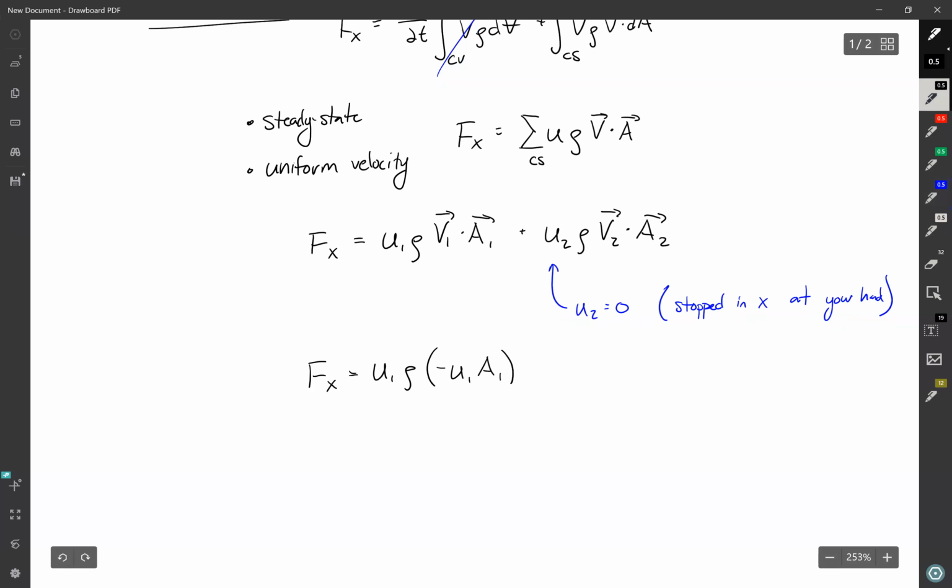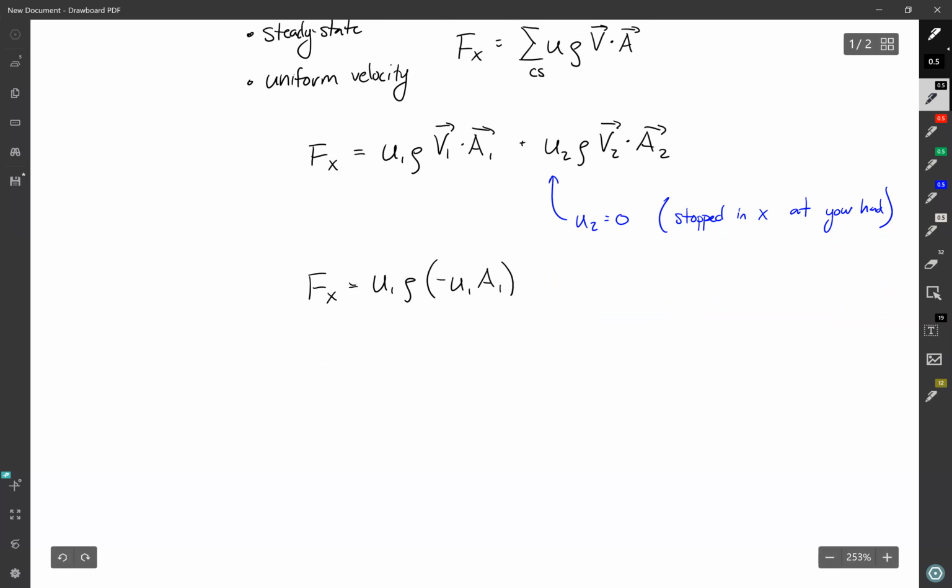So when we do the dot product of those, we get negative u1 a1. They're pointing in different directions. So the net force acting on our control volume is negative u1 squared rho a1.